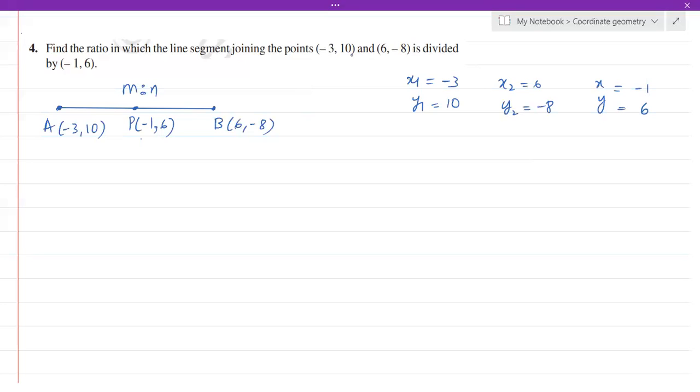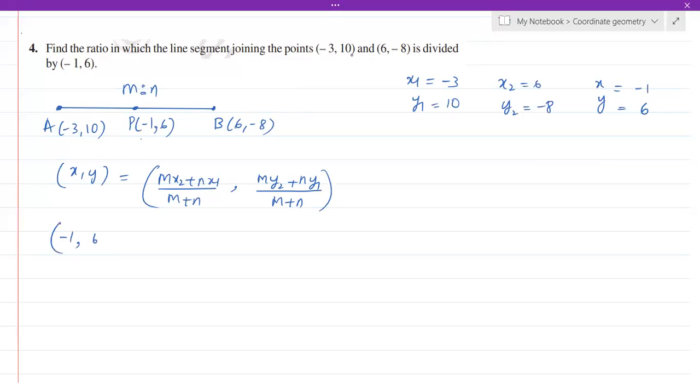Now according to the formula, x comma y is given as (mx2 plus nx1) divided by (m plus n), comma (my2 plus ny1) divided by (m plus n). So here x comma y will be minus 1 comma 6. The m value we don't know, we have to find it.